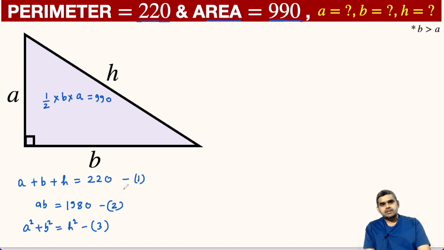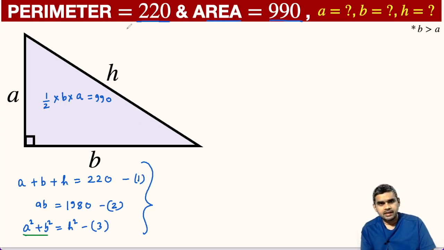So now we have three equations and we have three unknowns. So using these three equations we have to find the unknowns. Because we have the value of a square plus b square, we can take the first equation and rewrite it as a plus b equals 220 minus h.